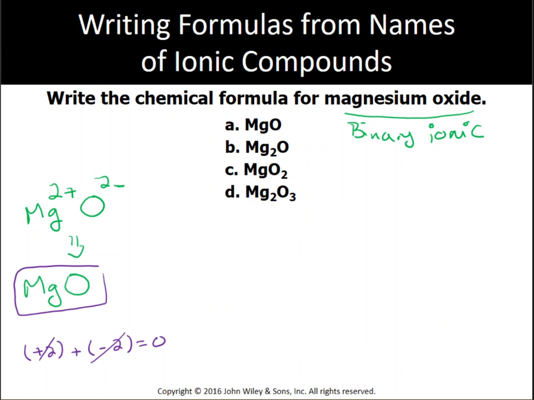This is the formula of magnesium oxide. Keep in mind that if you only want 1 of each element, we don't write the subscript 1. Any subscript more than 1, we write down, but when it's 1, we don't write it. We don't write it, but it's still there.